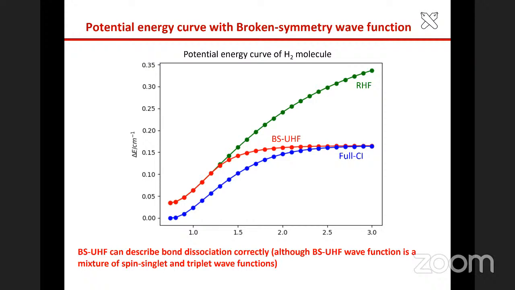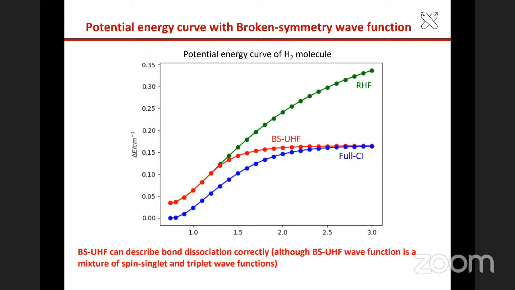In the bond dissociation limit, there is an exchange interaction between the spins, but the exchange interaction becomes small, becoming zero in the dissociation limit. So the singlet state and triplet state become degenerate. This is the reason why this broken symmetry wave function has an energy very close to the Hartree-Fock energy.